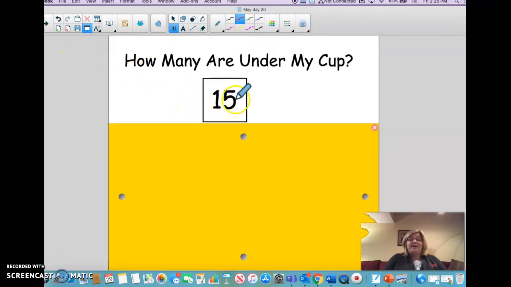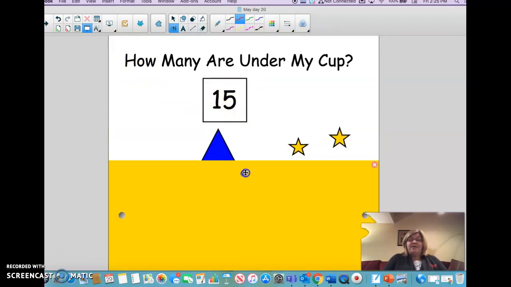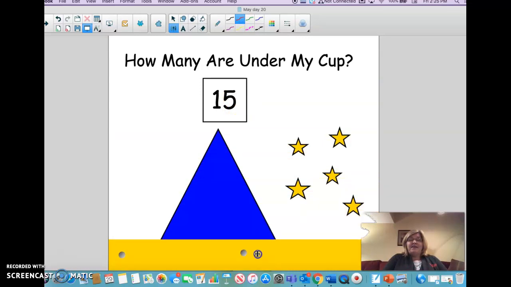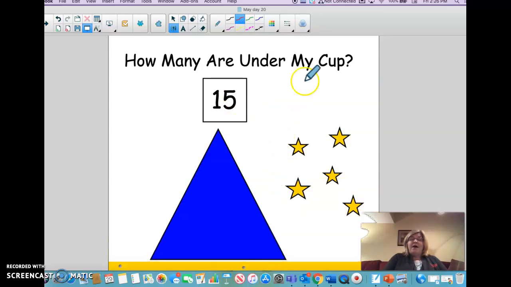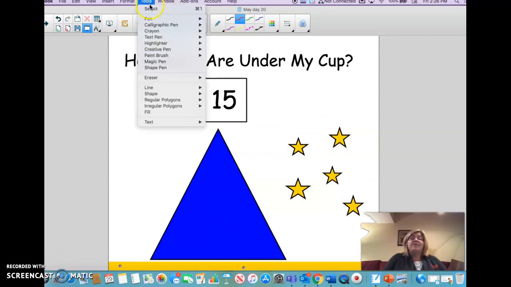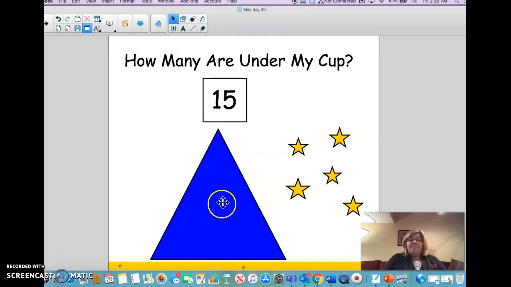Well, now we're getting even to larger numbers. 15 pieces total. 15, but now I have stars. So if I have 15 stars, but there's 1, 2, 3, 4, 5 laying on the table, how many are underneath my cup?